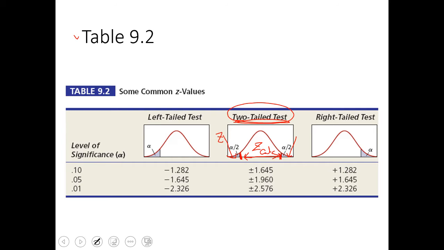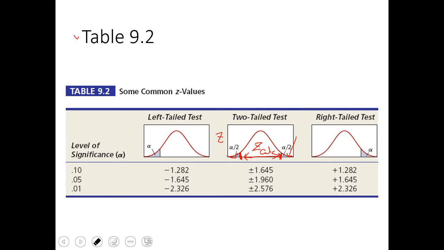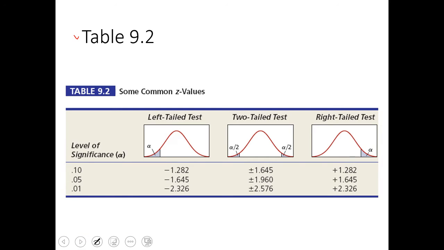Or if we are considering the right-tailed test, if the z statistic or zcalc value is located in this area, then we do not reject the null hypothesis.